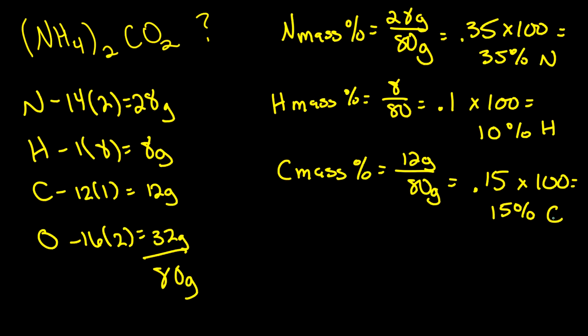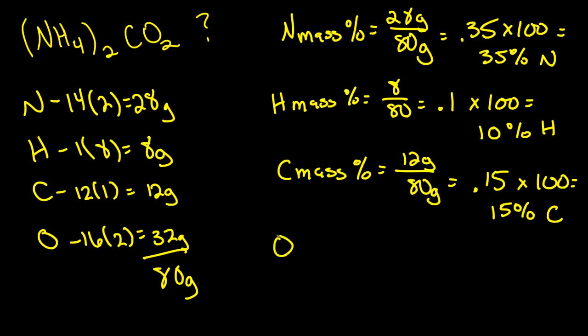Now, if you're feeling real confident in your work, you can take 100 minus 15, minus 10, minus 35, and that would tell you the remaining percent is oxygen. But I like to be thorough. I like to go ahead and do the work.